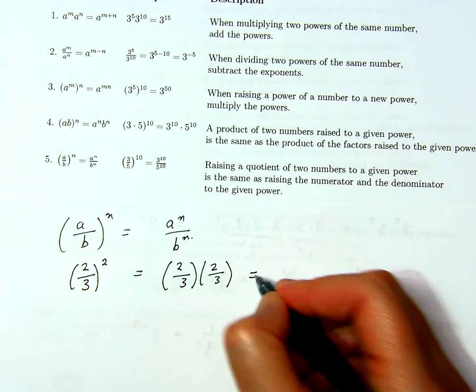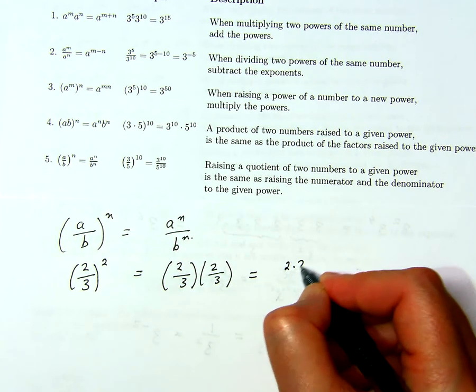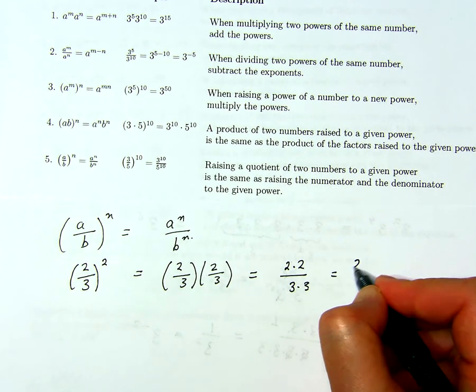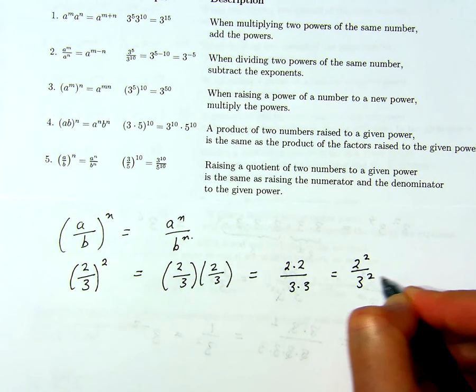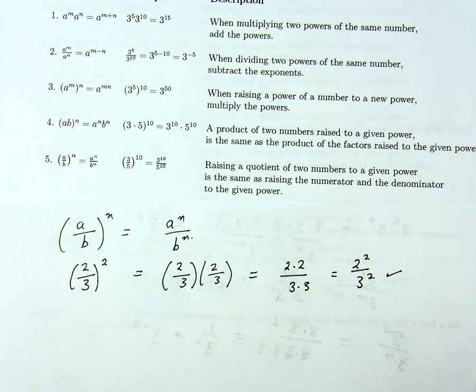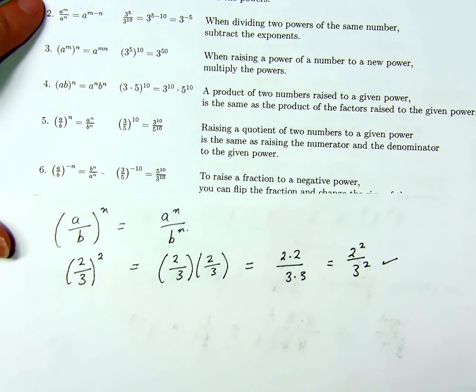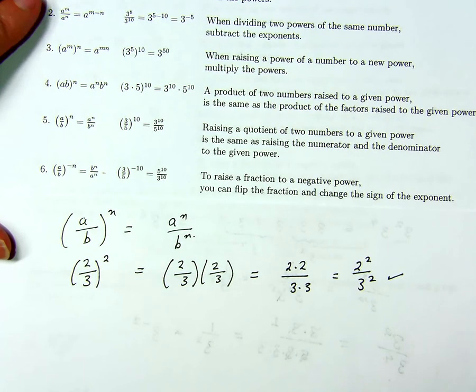And then using our rules of fractions, we have that is 2 times 2 over 3 times 3, and that's 2 squared over 3 squared, which is what the rule says it should be. Again, general proof is very similar, but instead of a particular fraction, you use a's and b's and n's to prove it.